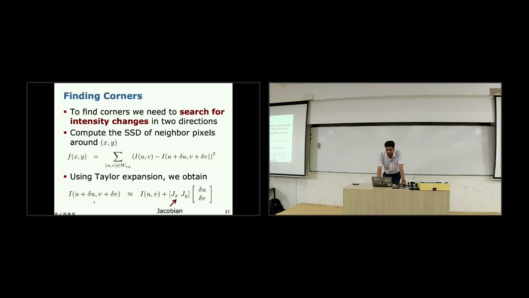So the nearby image function is approximated as the image intensity at u, v plus a Jacobian times the distance you're away from that pixel. This Jacobian essentially is the derivative of the image intensities. So they are gradients. These Jacobians are also called gradients.